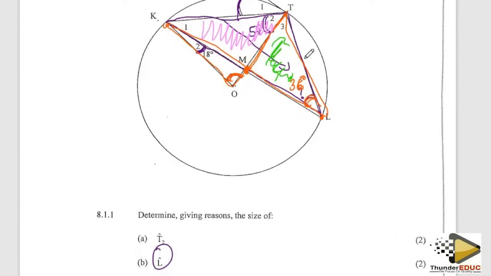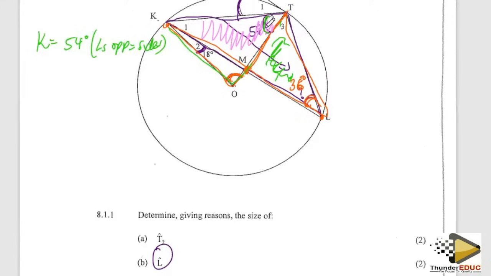So let me try to find the whole of K. K is going to be 54. The reason is angles opposite equal sides, because we know that this is a radius, this is also a radius, so this is an isosceles triangle.